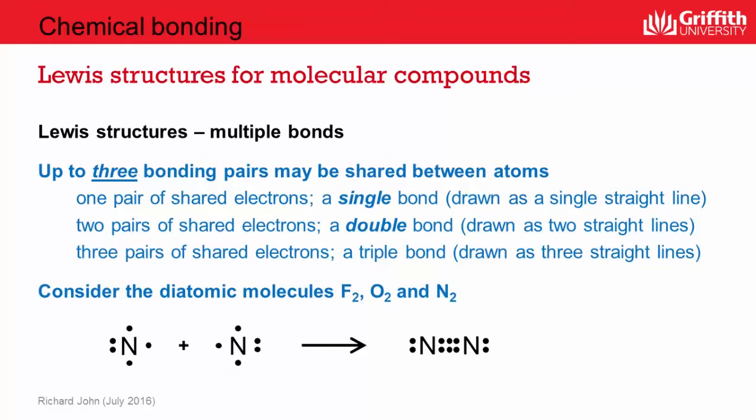In the case of nitrogen, each nitrogen atom has 5 valence electrons arranged as 1 pair of dots and 3 single dots around the atomic symbol. Here, 3 electrons can be shared by each atom, resulting in a triple bond, that is 3 pairs of electrons drawn between the 2 atomic symbols.